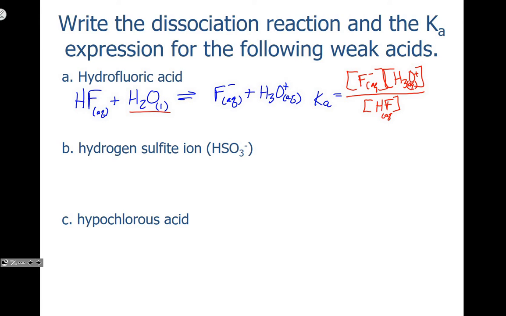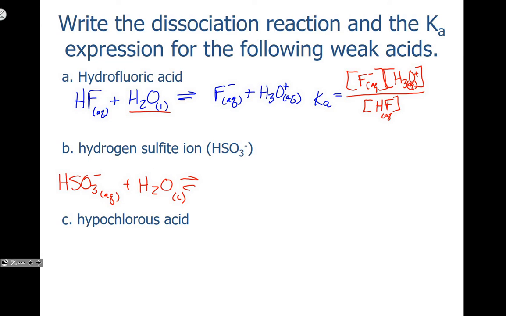So let's do the next one. Hydrogen sulfite ion, HSO3 minus, AQ, plus water is going to give me what? How do I know it's with water? Right, the dissociation reaction for the expression of the following weak acid.